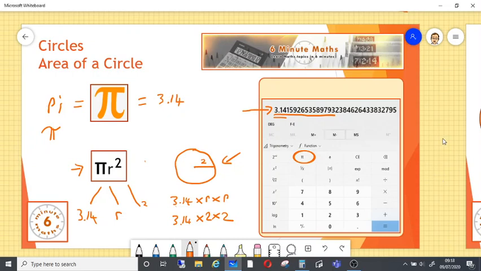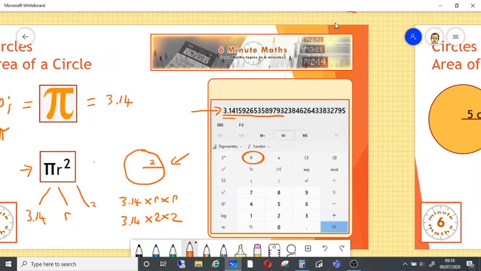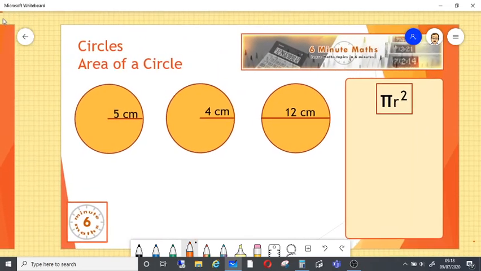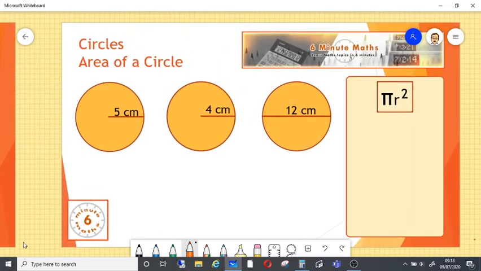So what I think we'll do now is we'll have a look at a couple of examples on the next slide. Just another reminder, pi is 3.14 times the radius times the radius.